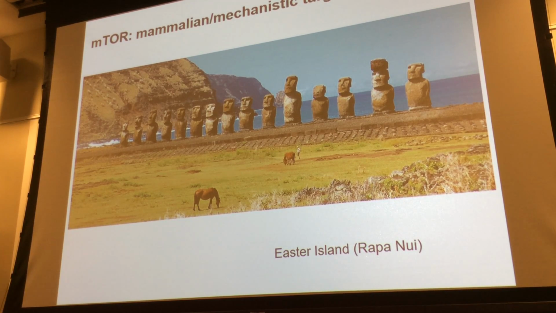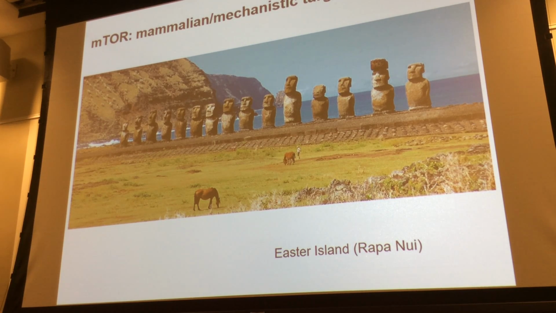In the mTOR story, all the great stories, all these hundreds and thousands of papers come from one island, the starting point, which is Easter Island. In the native language, it's called Rapa Nui.